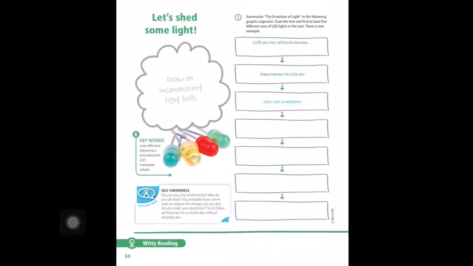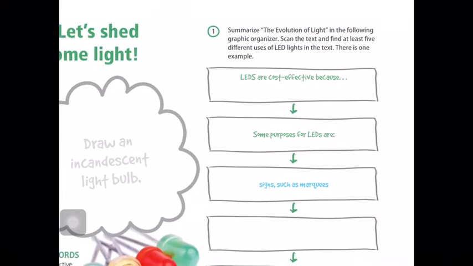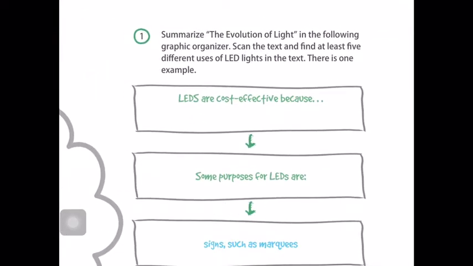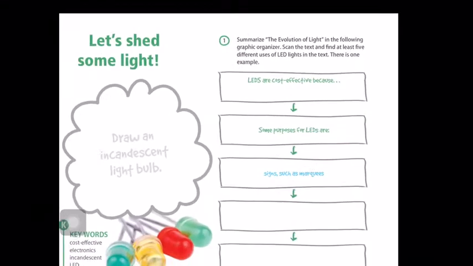So what is the exercise? Look, exercise 1. Summarize the evolution of light in the following graphic organizer. Scan the text and find at least 5 different uses of LED lights in the text. There is one example. Okay?